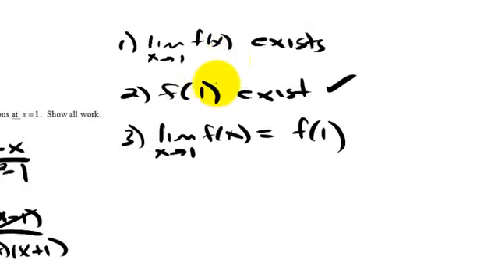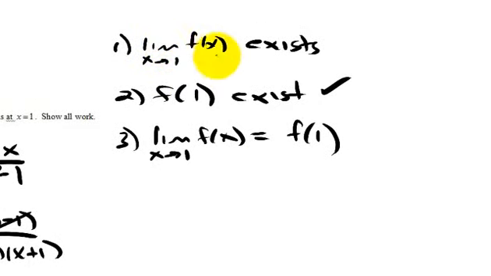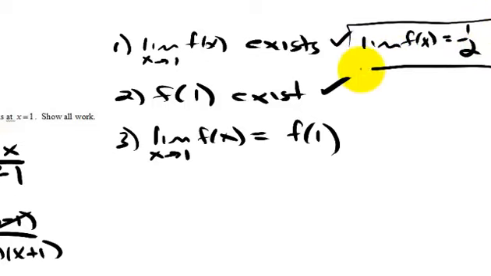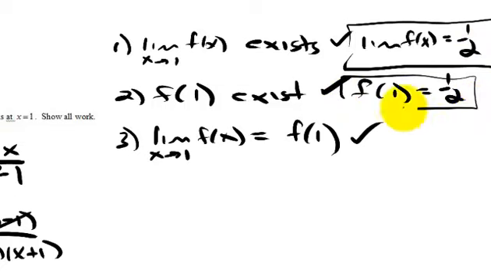So, let's see. We have up here, the limit of f of x exists, check. The limit of f of x equals 1/2. Does f of 1 exist? Check. F of 1 equals 1/2. And do the y value and the limit equal each other? Yes. 1/2 does equal 1/2.